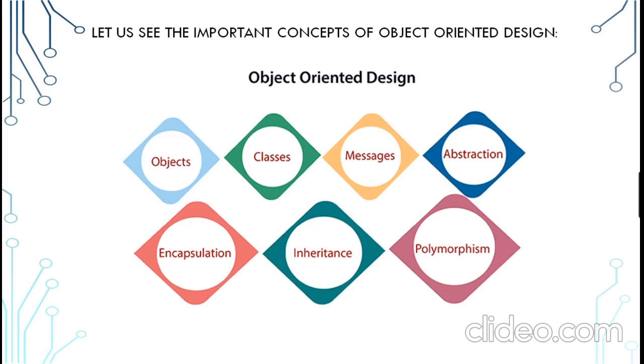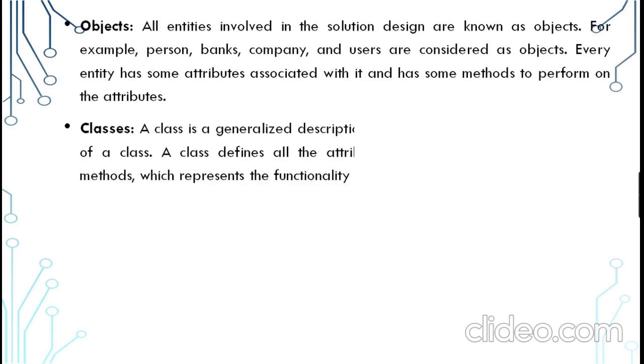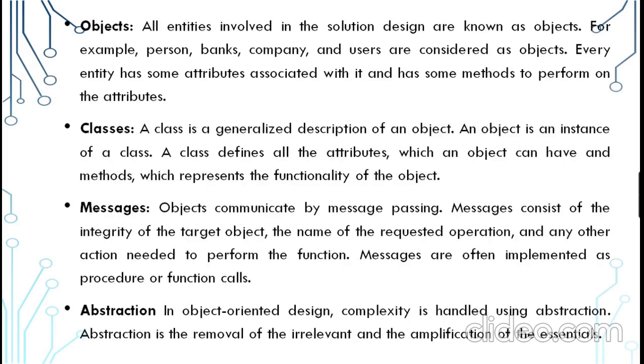Object. All the entities involved in the solution designs are known as objects. For example, a person, bank, company, and users are considered as objects. Every entity has some attributes associated with it and some methods to perform on the attributes.